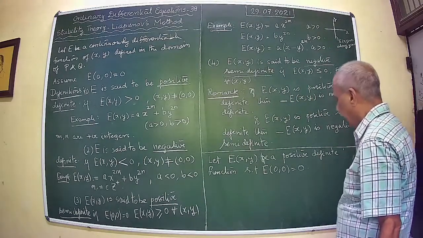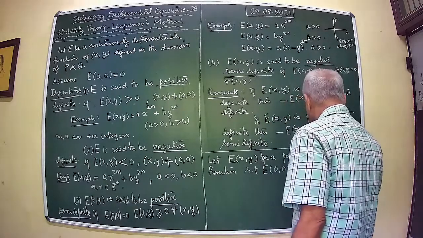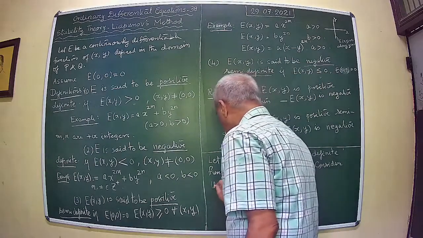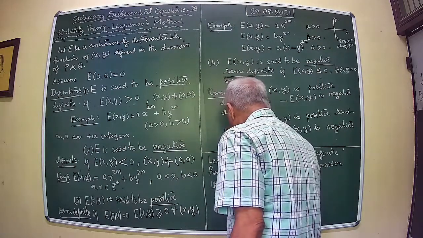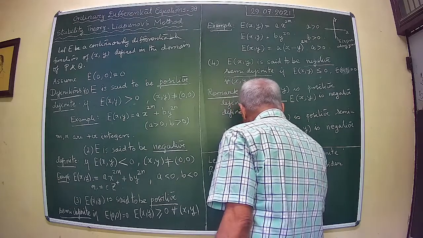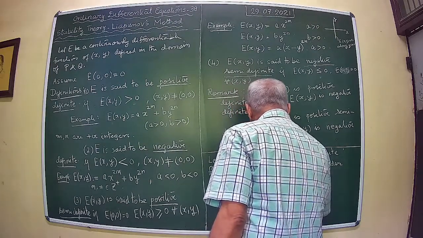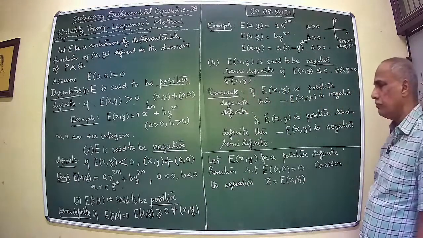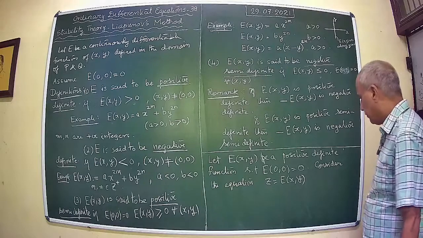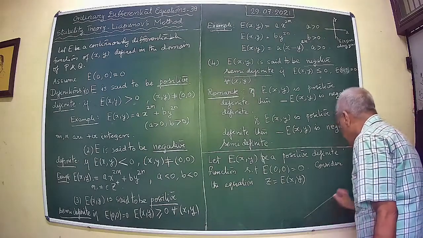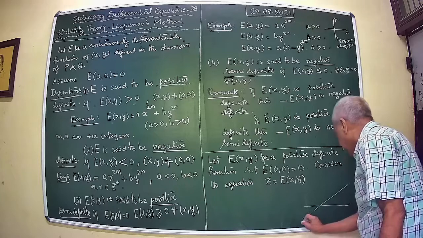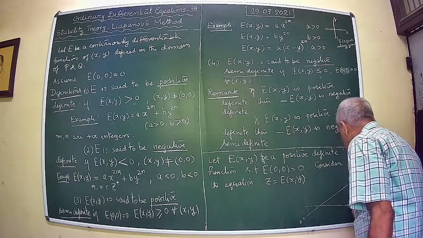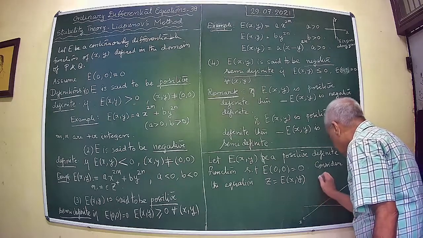Then consider the equation for (x,y) belonging to the domain of E. Then what do you have? Okay. So this is the x-axis, this is the y-axis, this is the origin.